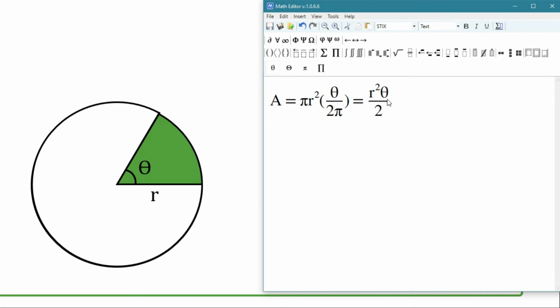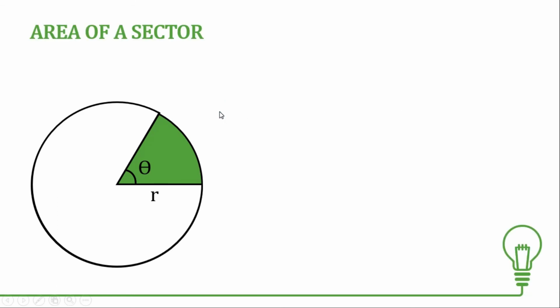Okay, so this would be the formula in getting the area of a sector. If we rewrite this one, that is equivalent to 1/2 of the square of the radius multiplied by the angle measure. Again, remember that the angle measure should be expressed in radian measures.